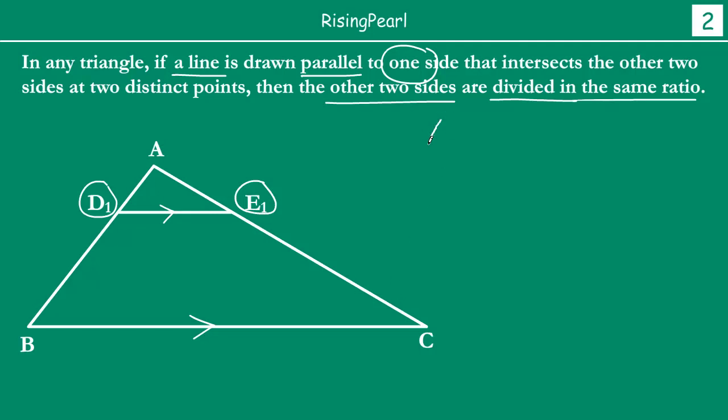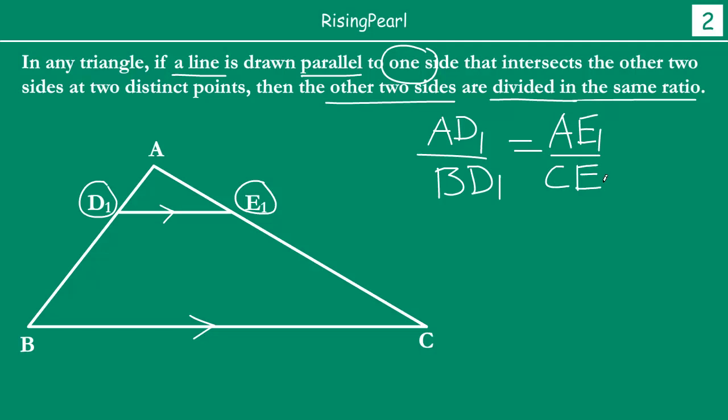It means that AD1 divided by D1B, the ratio of these two measures, that is if you measure AD1 and if you measure D1B, this ratio will be the same as AE1 divided by CE1. So this is what the theorem is telling us.